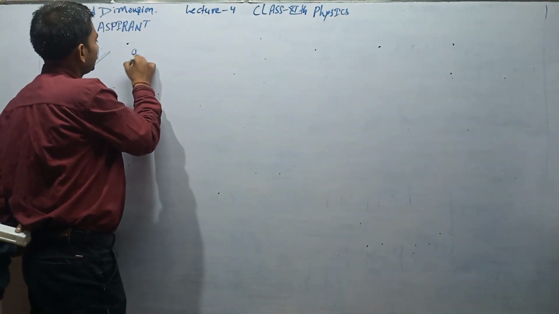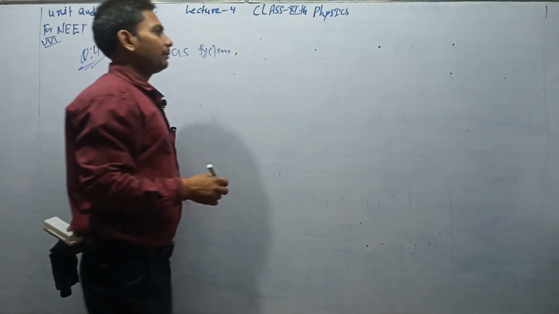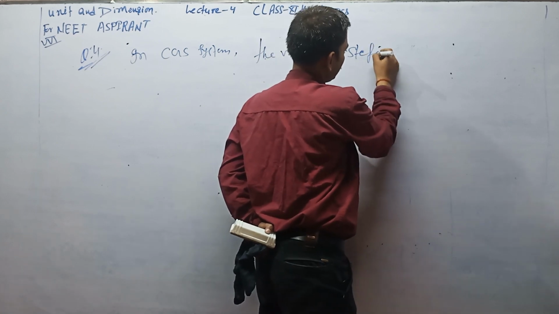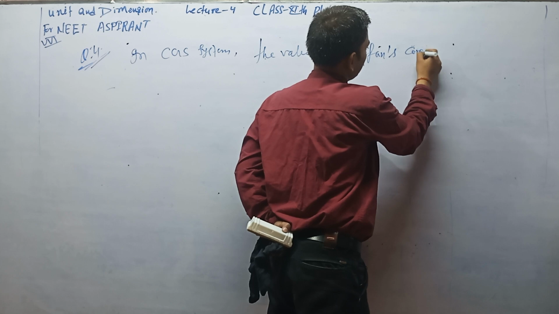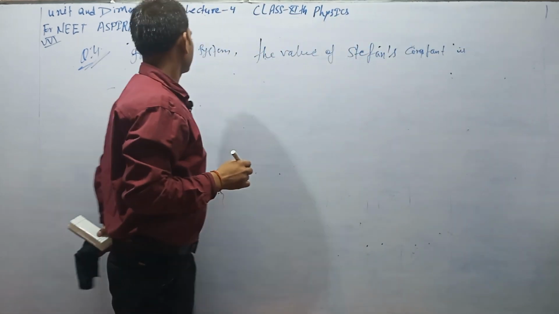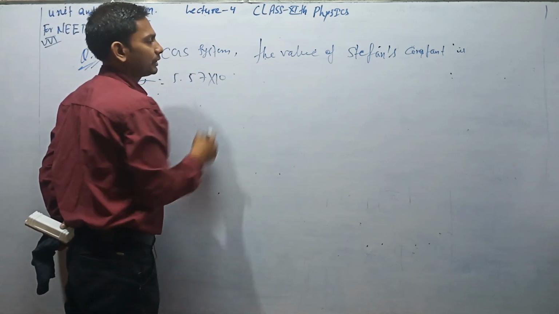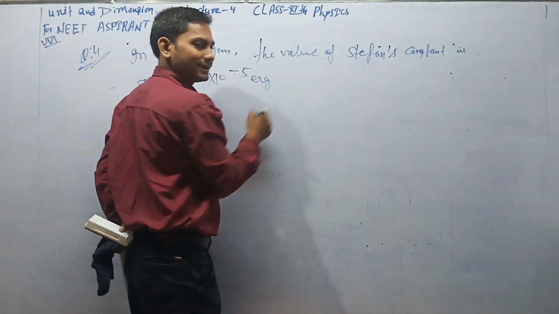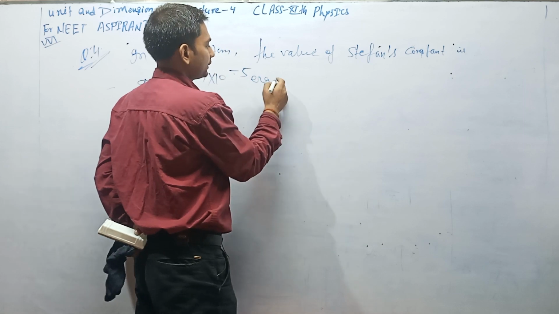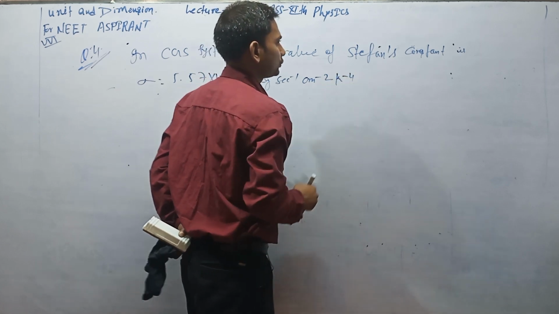In CGS system, the value of Stefan's constant sigma equals 5.57 into 10 to the power minus 5 erg second inverse centimeter to the power minus 2 Kelvin to the power minus 4.